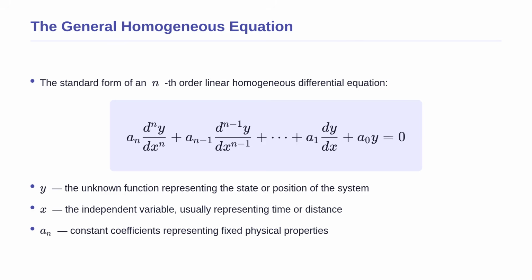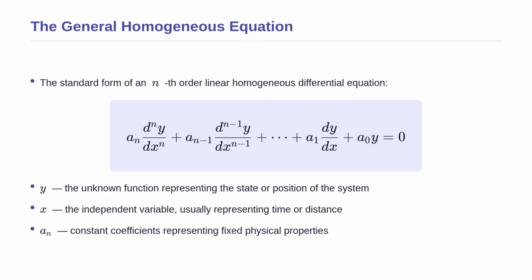Building on those definitions, let us look at how this translates into a mathematical formula. This long equation is the standard form of an nth-order linear homogeneous differential equation. The letter y represents the unknown function we want to find, like the position of our car. The variable x is our independent variable, usually time.